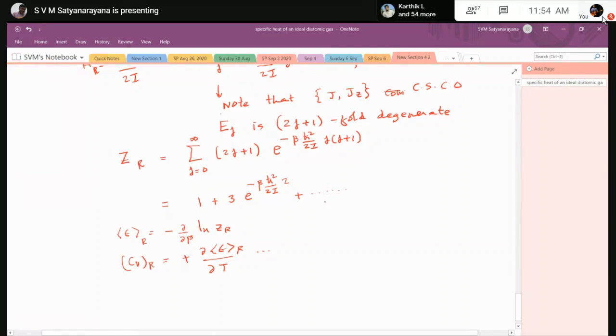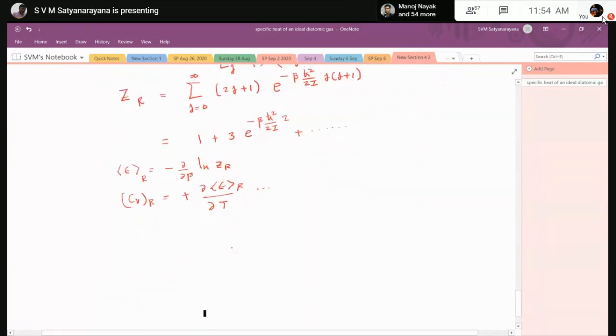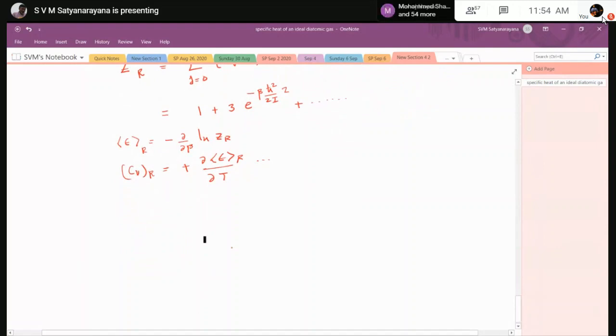So just like the CV vibration that we derived using Einstein's theory, this also we hope gives you this transition, that is a crossover from 5 by 2 to 3 by 2. And it is indeed so, because that's how the rotational levels will be frozen. Okay, so I will leave it as an exercise for you. Let's say that you keep only up to this.